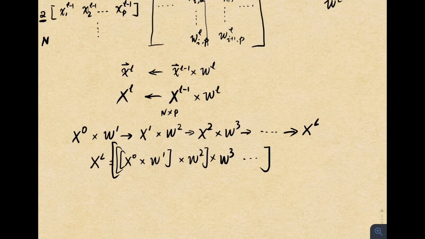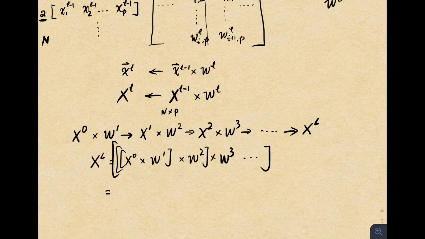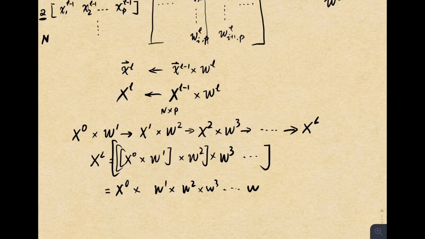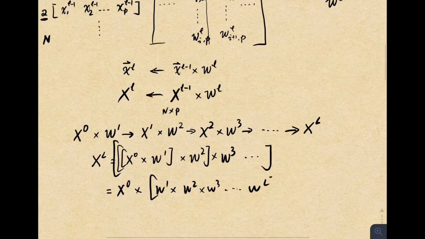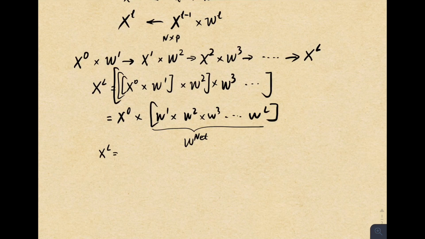But we can change the order of multiplication: X0 multiplied by W1, W2, W3, all the way to WL. If you call that W net, XL equals X0 multiplied by W net. But here is a problem.